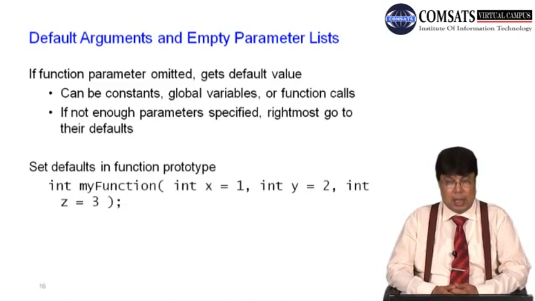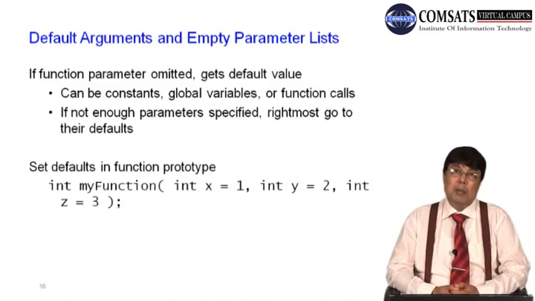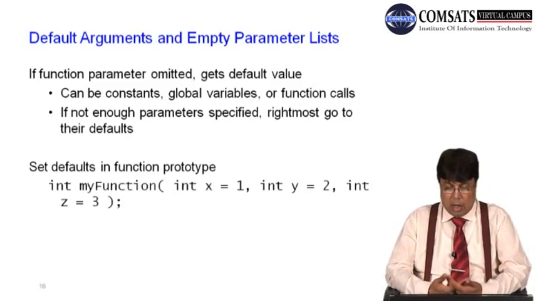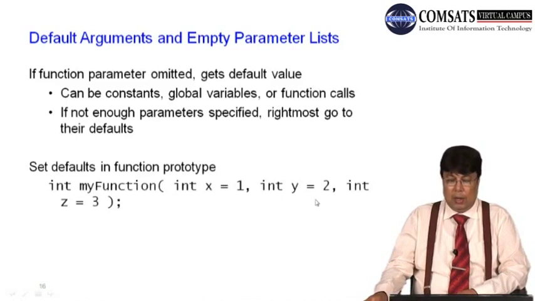If you omit a parameter, there are certain default parameters, and those can be constants, global variables, or parameters within the function call. Also, if you are not supplying enough arguments, suppose a function requires 3 arguments and you pass only 1, then the rightmost, meaning the last 2 arguments, will be considered default arguments, and this is the way you can define the default argument.